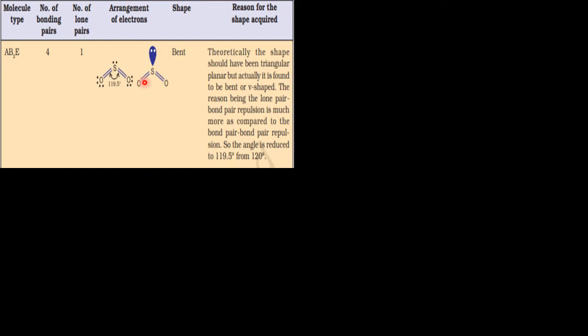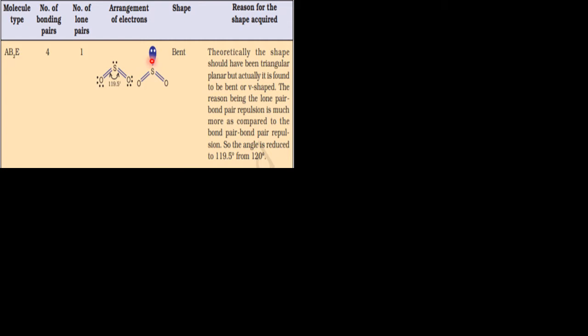So you might think the shape of SO2 is triangular planar, but actually it is bent. Why is it bent? Because of lone pair-bond pair repulsions. It wants to take the triangular planar shape, but the lone pair present on the sulfur is a hindrance to the structure. So it is happy with the bent structure or V shape.